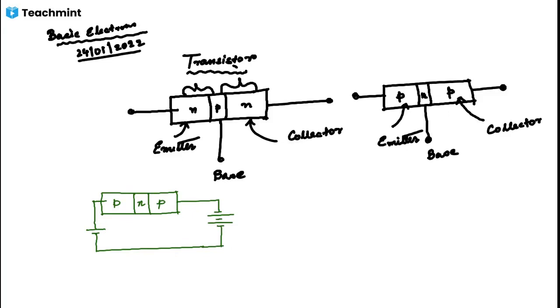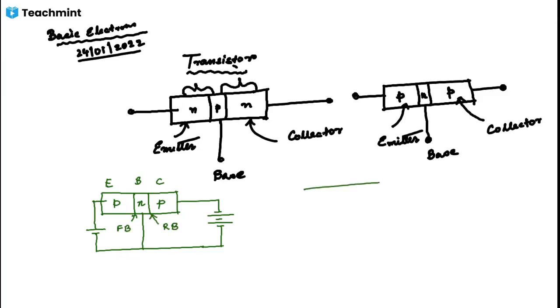And the base will be connected in the middle. So this is E, this is B, this is C. This junction is in forward bias, FB, and this junction is in reverse bias, RB. This is for the PNP.